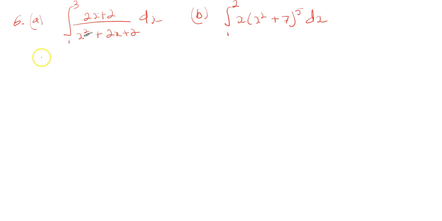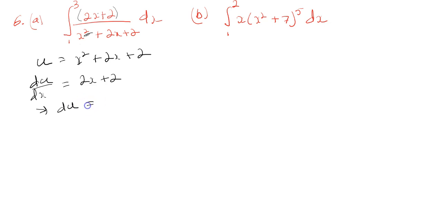If we let u = x^2 + 2x + 2, notice when we differentiate, du/dx is 2x + 2, which is actually what we have in the numerator. So this implies that du is (2x + 2) dx. This is nothing but what we already have in the numerator in this problem.